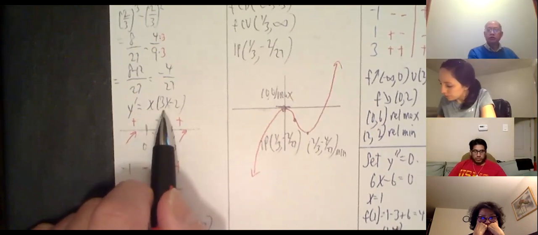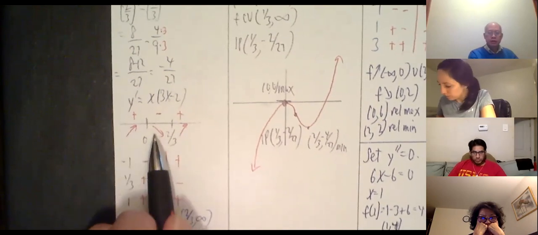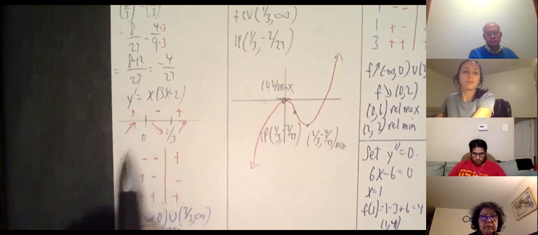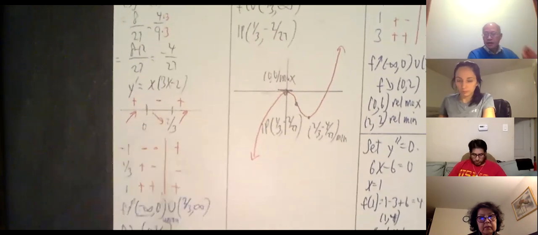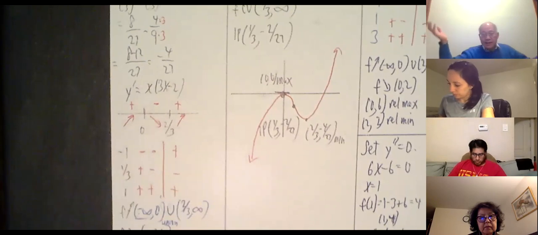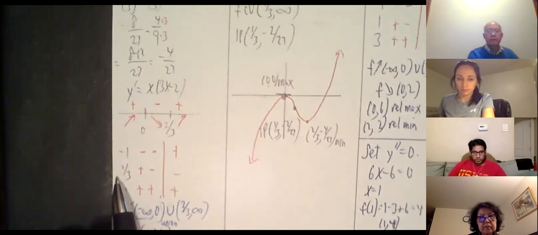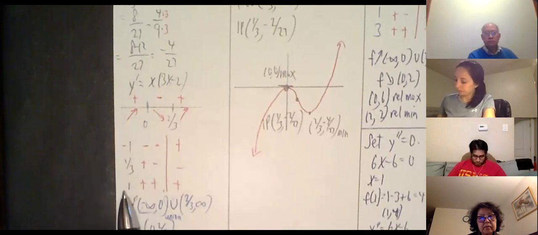I will now say first derivative. Okay, pick something here, here, and here. So what's over here? -1. Something between 0 and 2/3, I picked 1/3. And then bigger than 2/3, about 1.